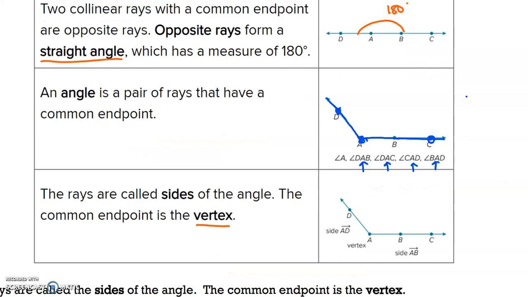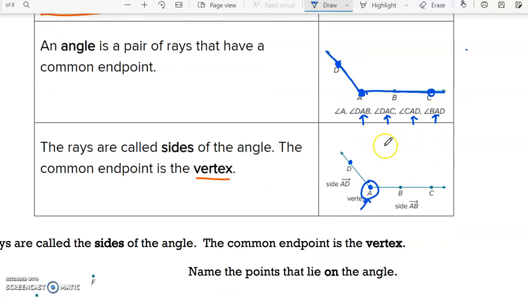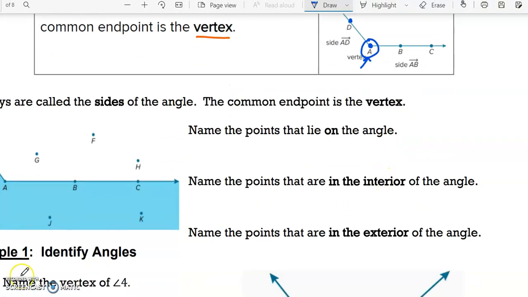So the sides of our angle are rays. There's one ray, there's the other ray. And so again, we want to label it with our endpoint and then the arrow, making sure it's closest to the other letter. And then our vertex is always at the center there. It's the common endpoint.